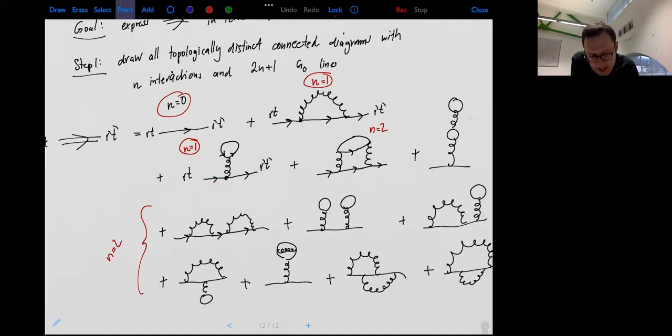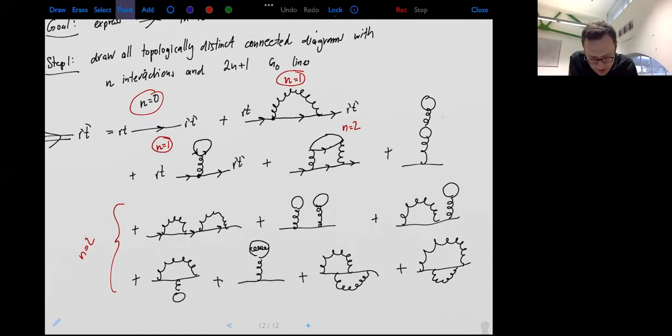And then at second order, we have two interaction lines and five G0 lines. Actually, there's already a whole zoo of different diagrams. So you can appreciate that the complexity increases very quickly as we go to higher and higher order in this perturbation theory.